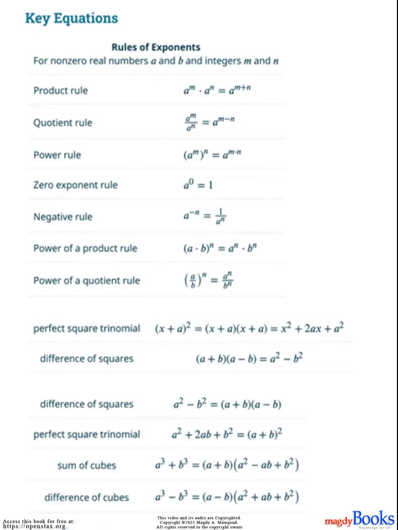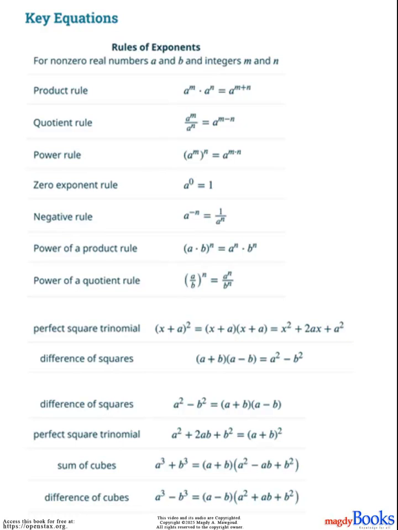Key equations. Rules of exponents. For non-zero real numbers a and b and integers m and n. Product rule: a to the power of m times a to the power of n equals a to the power of m plus n.